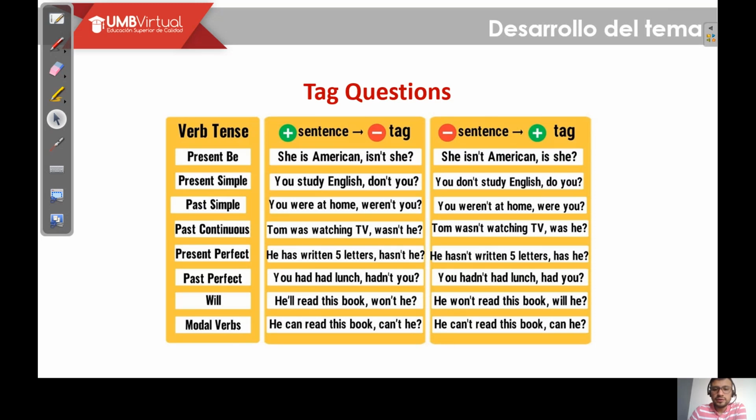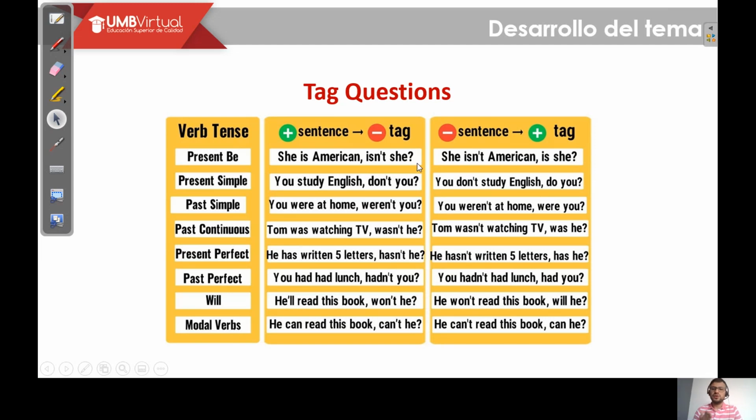Next topic, we are moving to tag questions. So tag questions are like those confirmation questions that you use to be sure about something we have already said or what a person has already said. For example, she is American. The tag is isn't she?